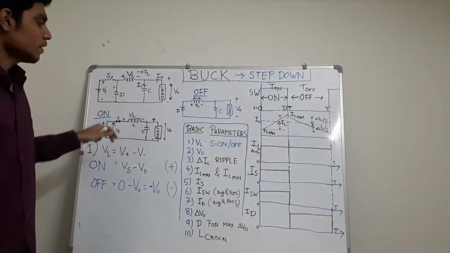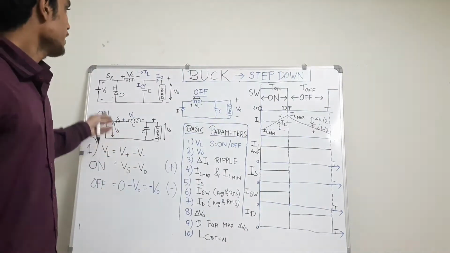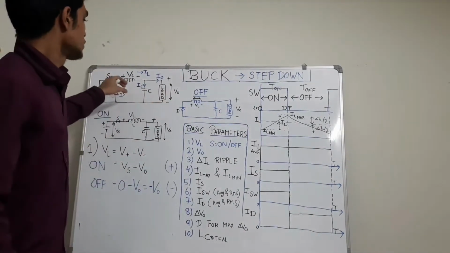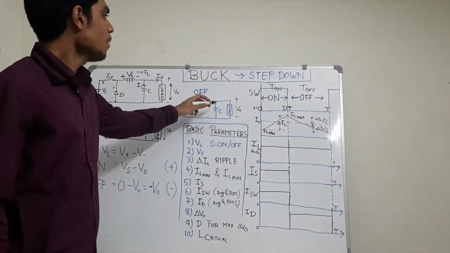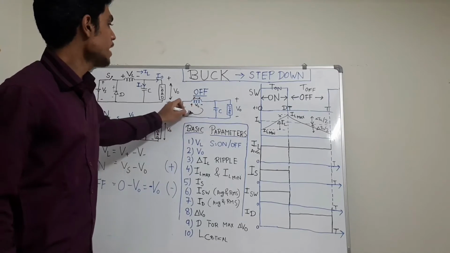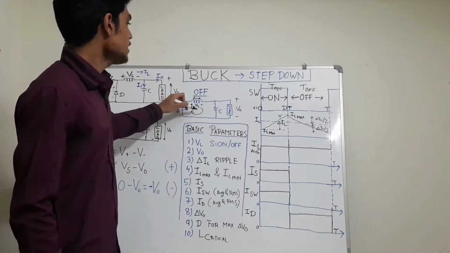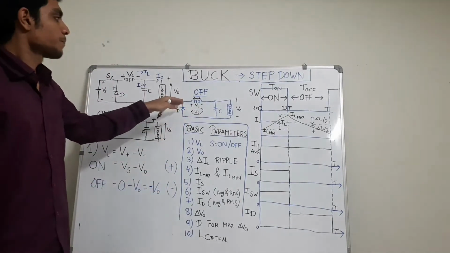Hence the inductor starts charging. Similarly, when the switch is off, the inductor finds a path through this diode to discharge its inductor current IL.